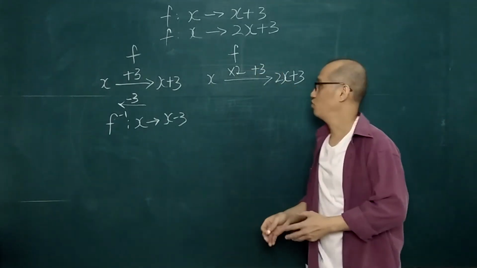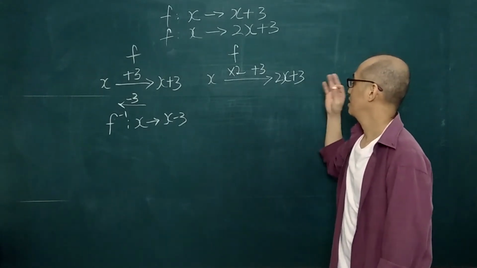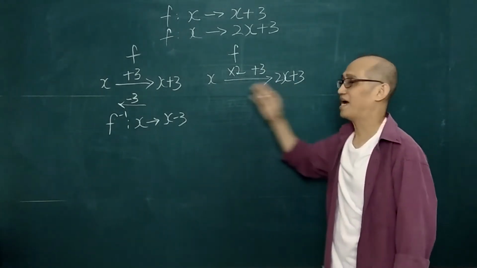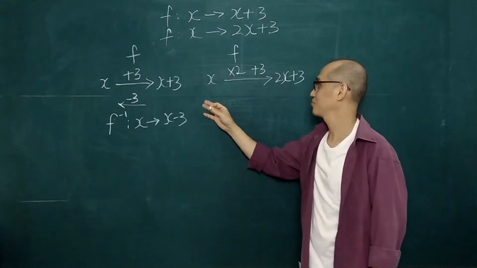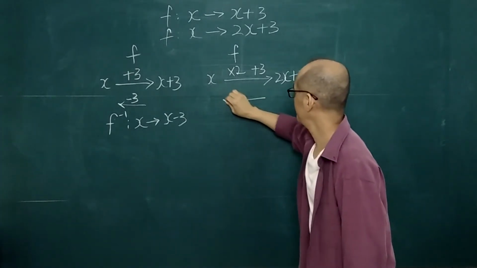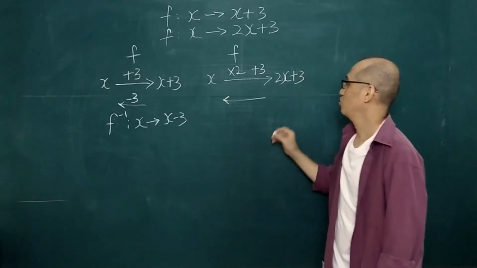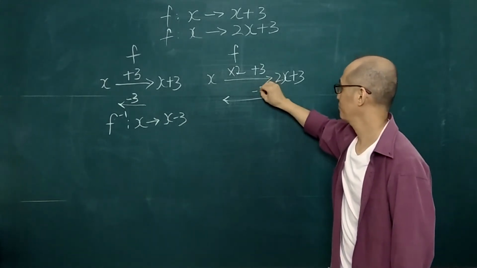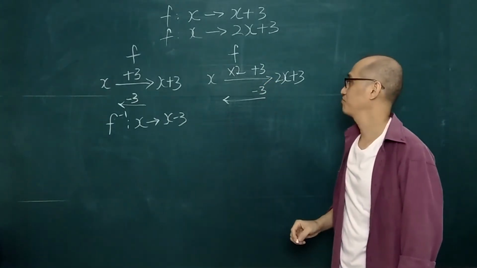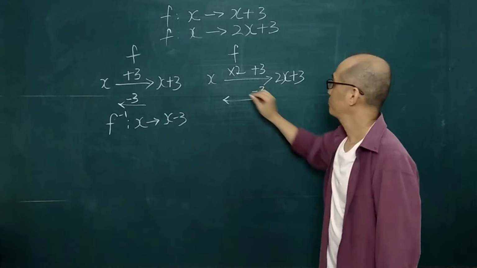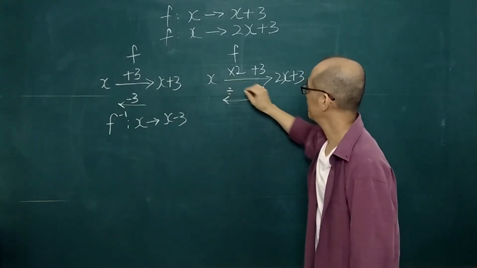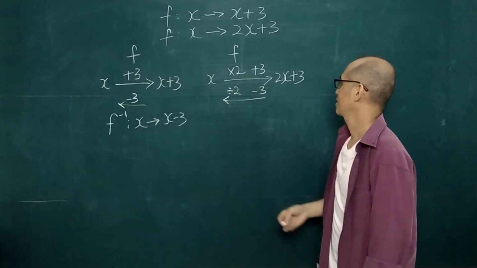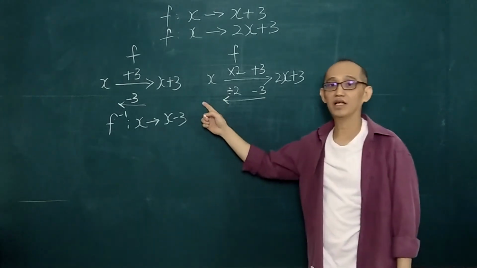For inverse function, what we want to do is to get from image back to the object. So what we do here is, first we are going to subtract 3 from the image and then divide the answer by 2. Then we get back to the object.